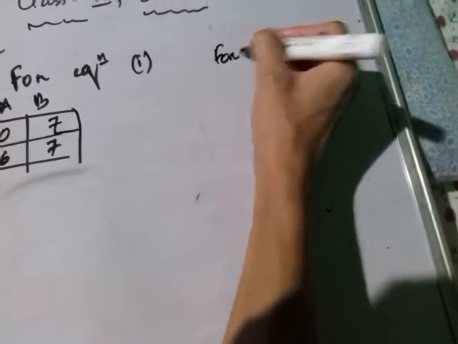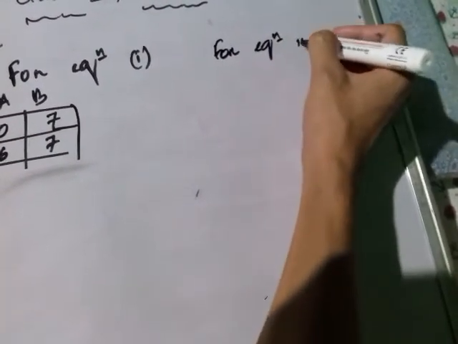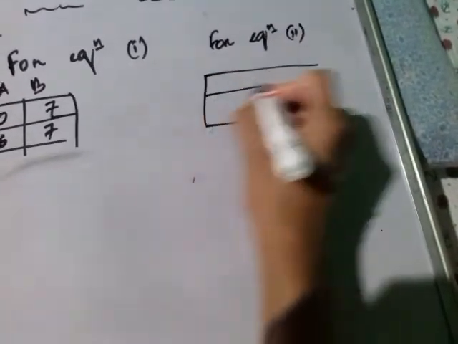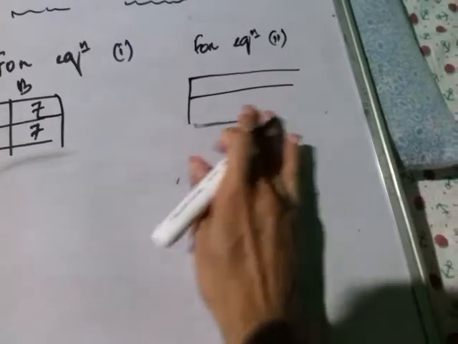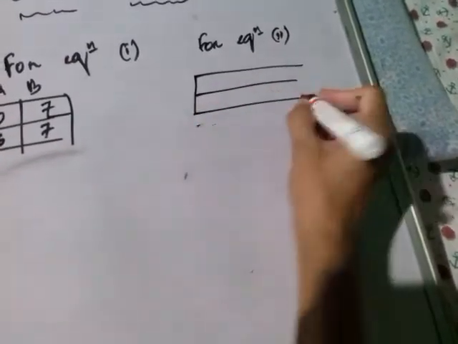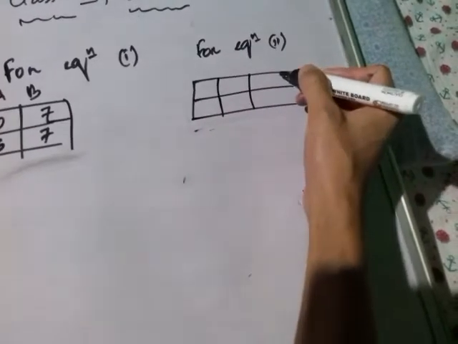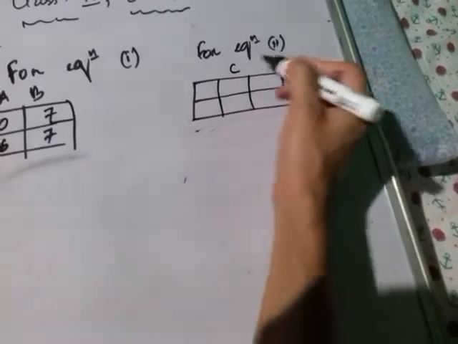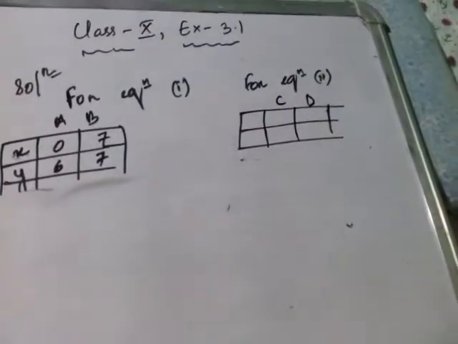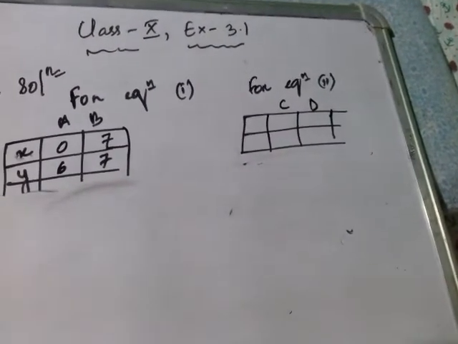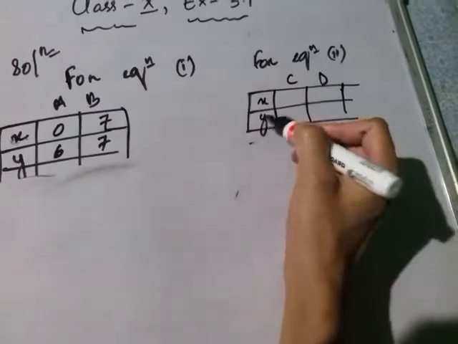Now for equation 2, how will you do it? You will put the box again. You will arrange the box again. This will be C and D. Previously we took A and B, but now this will be C and D. So here will be x, here will be y.